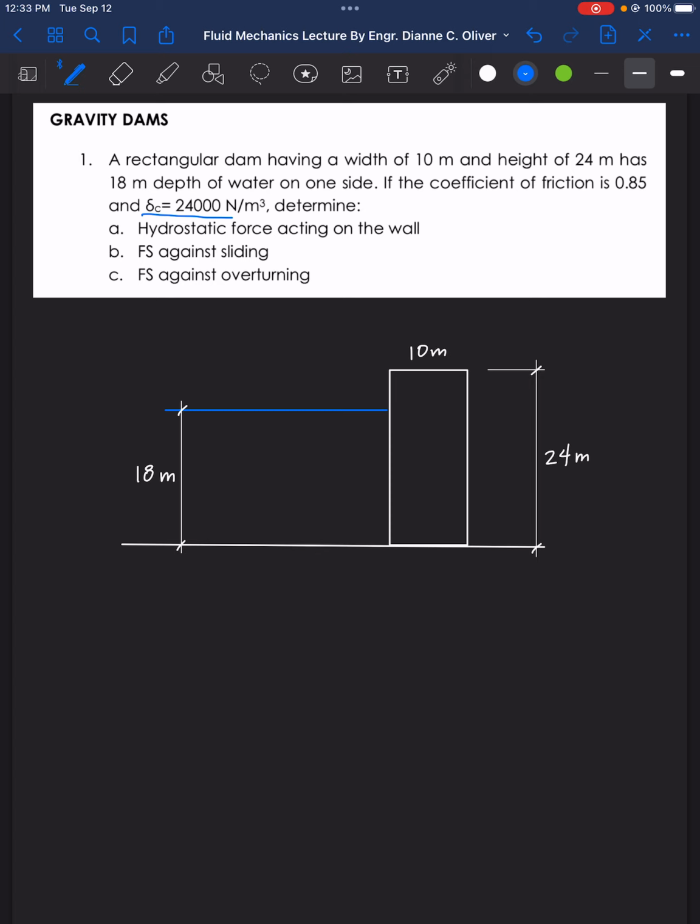The hydrostatic force that is acting on this wall is presented by a uniformly varying force, right? So as you go deeper, the stronger is the pressure of water. So if we solve for the hydrostatic force acting on the wall, this is our hydrostatic force.